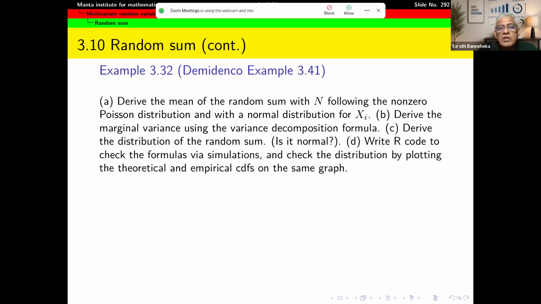The question is asking: now the xi's are random, so whether the sum of random numbers is also random. Write R code to check the formulas via simulations and check the distribution by plotting the theoretical and empirical CDFs on the same graph. So it has several parts, so let's try to answer them one by one.